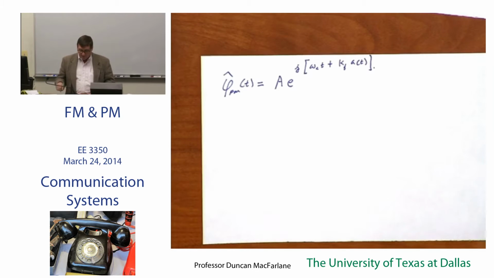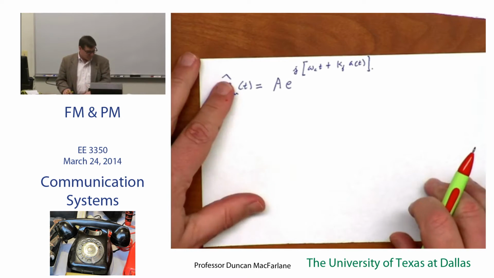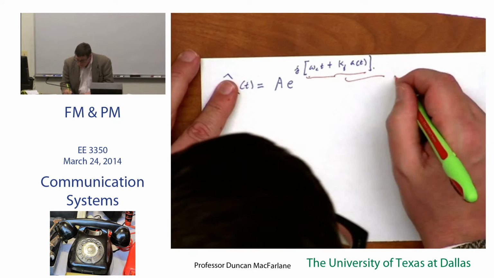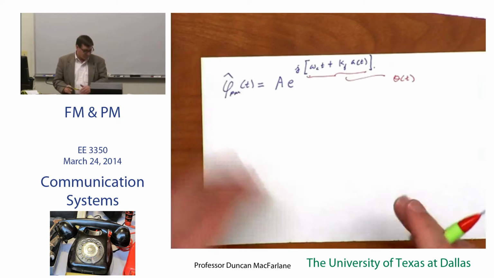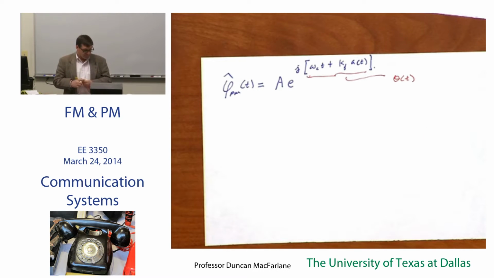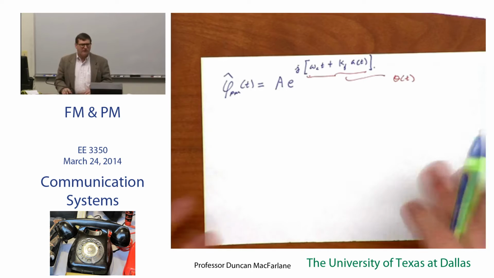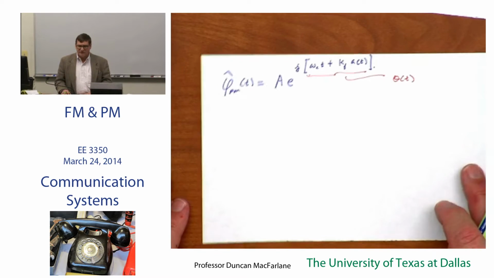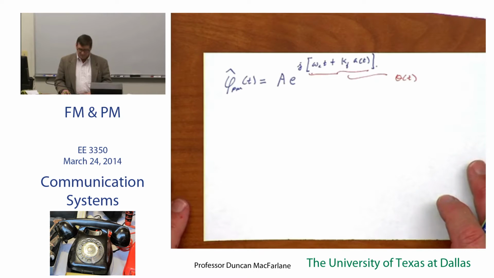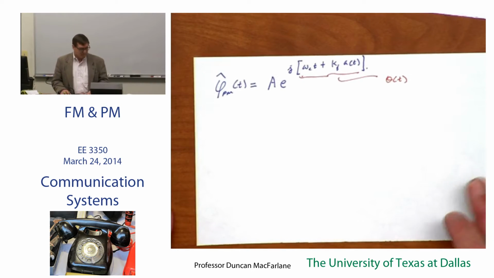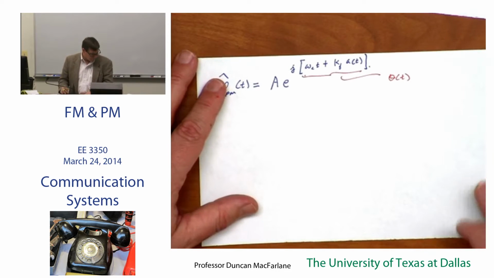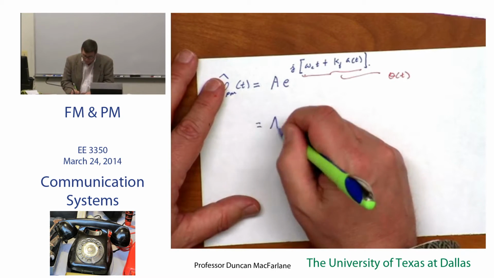E to the j omega ct kf a of t, where this guy here is theta of t. I think we're along about equation 5.6, 5.7 in Lati, just to give you a reference of where we are. And so I'll separate this out.